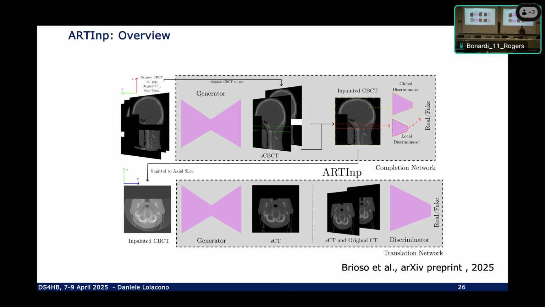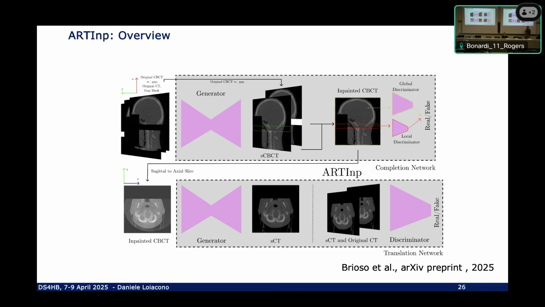In this case, one discriminator is in charge of trying to distinguish real cone-beam CT from cone-beam CT completed by our AI, looking at the entire image. And there is another discriminator, called a local discriminator, that instead focuses only on the completed part.